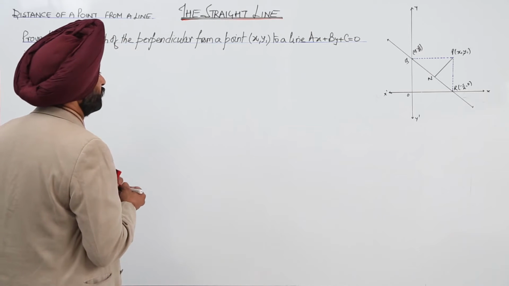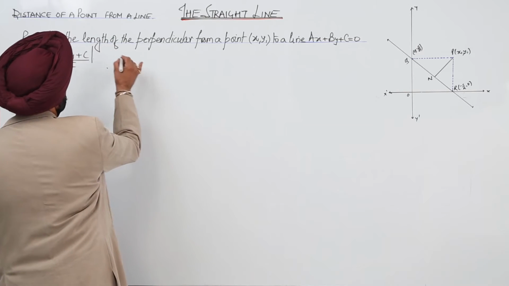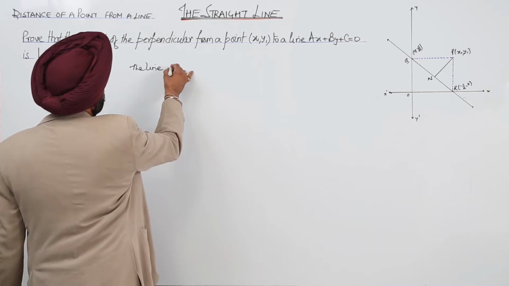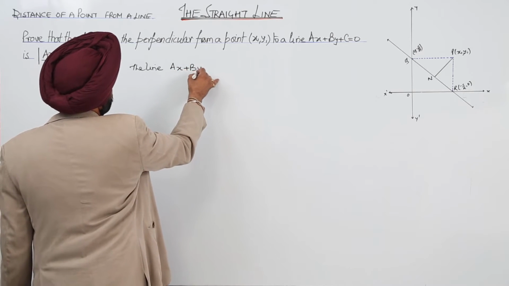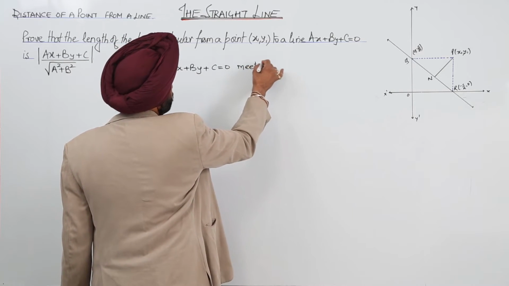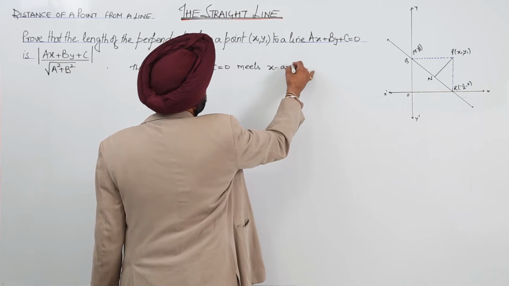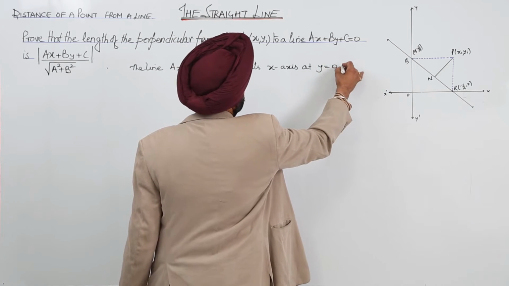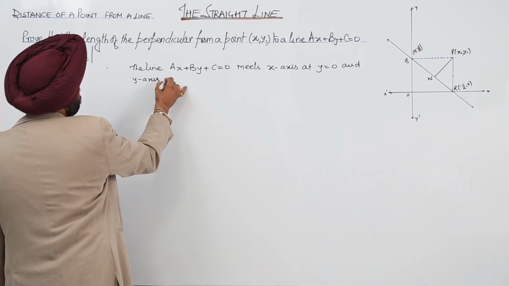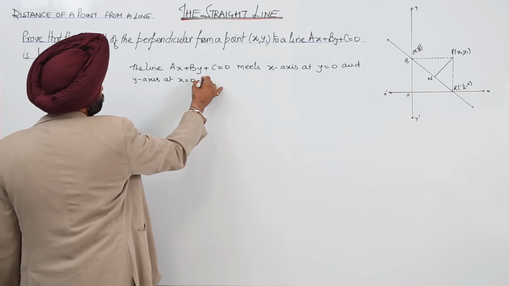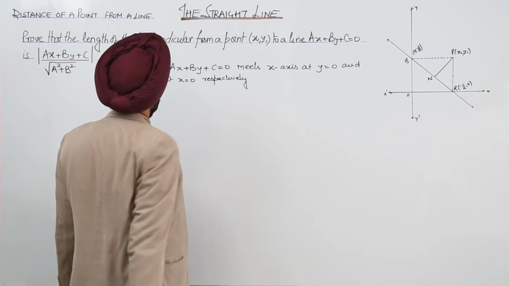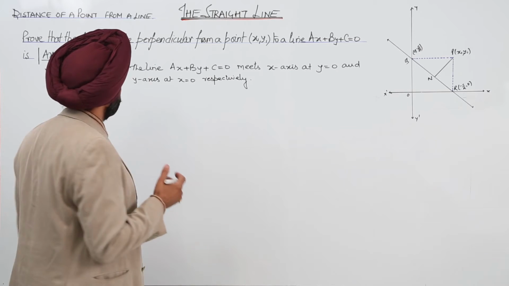Okay. Now according to the figure, the line ax plus by plus c is equal to 0 meets the x axis at y is equal to 0 and the y axis at x is equal to 0 respectively. Now the basic thing is that these are the intercepts for the coordinate axes.